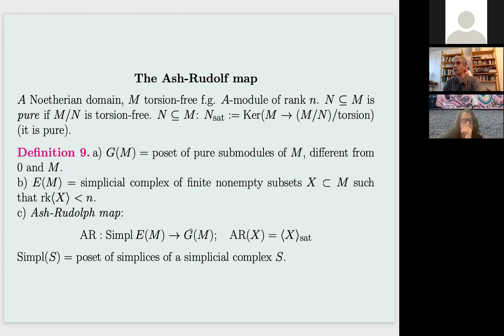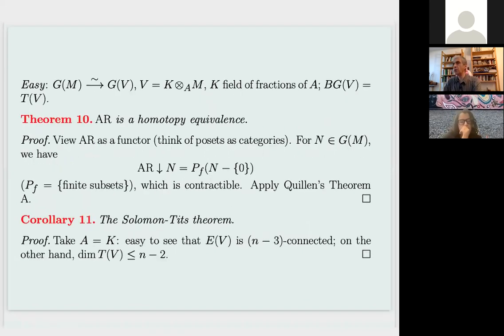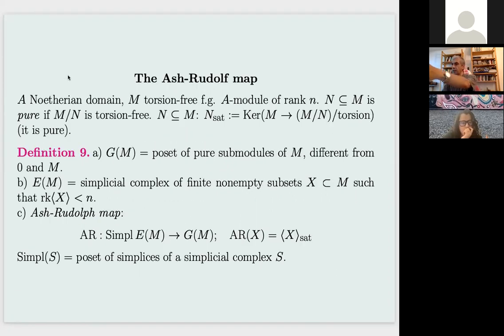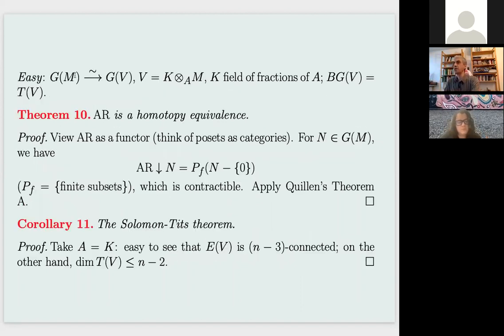And then, so what's that good for? Well, first of all, G of M doesn't really see this M and this ring A. It only sees its field of fractions. So it's the same as G of V, where V is the extension of scalars to the field of fractions.